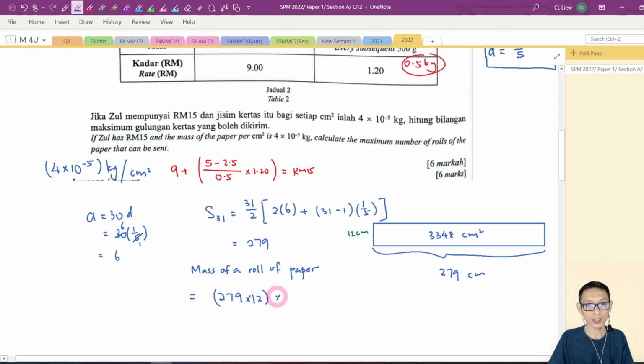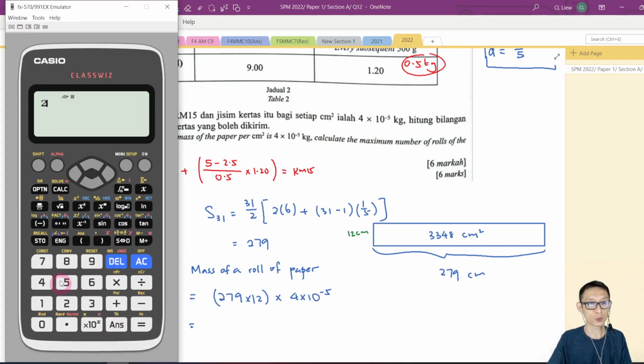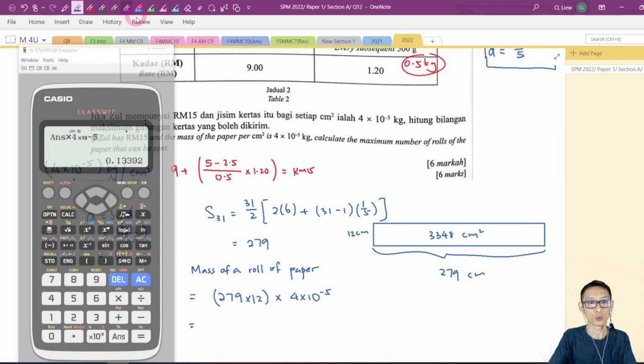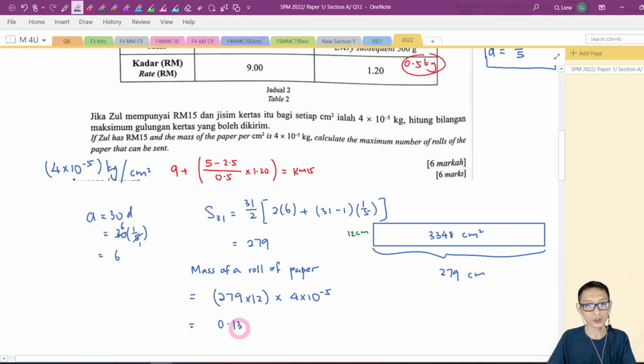So this one we have to times 4 times 10 to the power of negative 5, and we will get how many kilogram. Okay, just take out your calculator. This one, 279 times 12, which will be equal to this, times 4 times 10 to the power of negative 5. Okay, 0.13392 kilogram. This is a roll of paper.